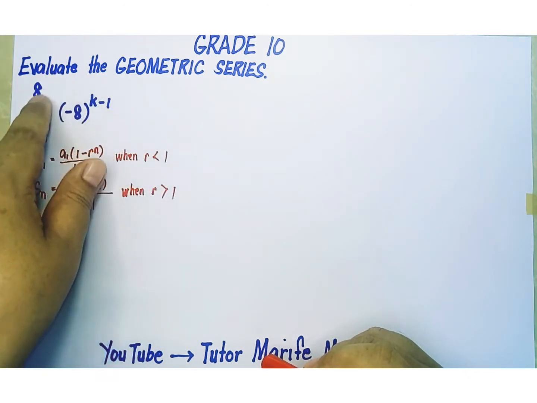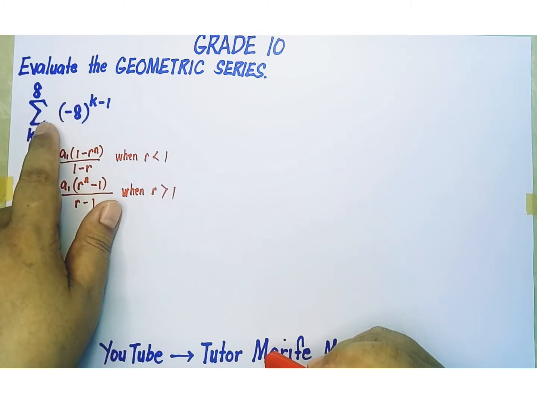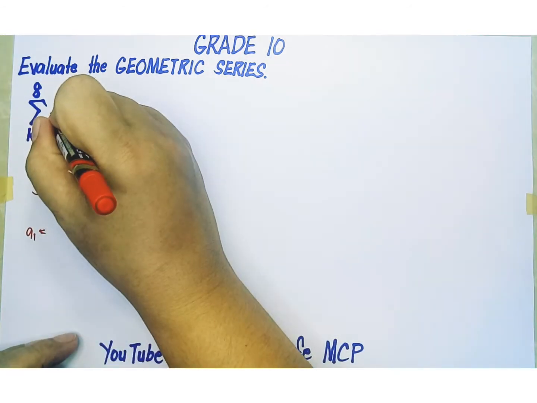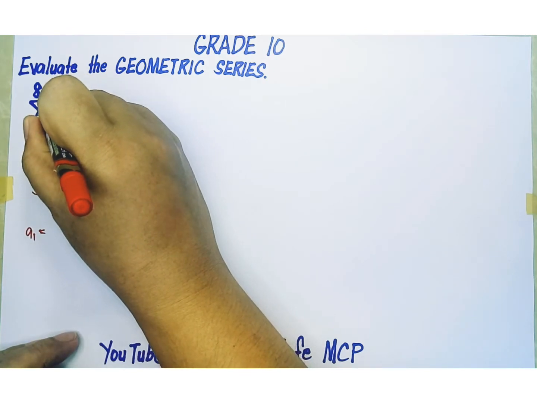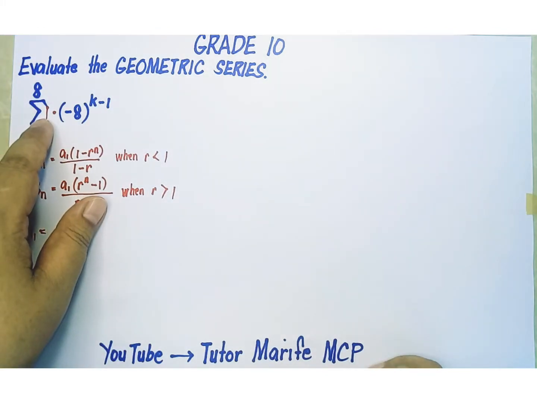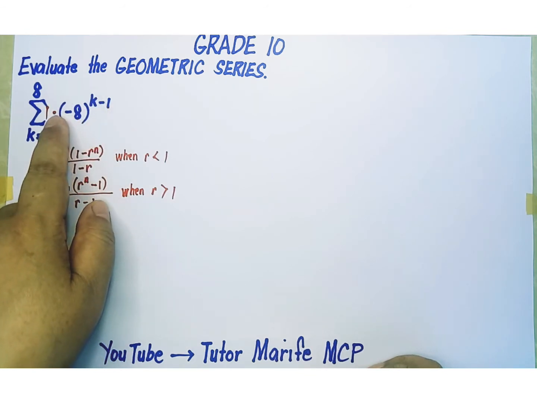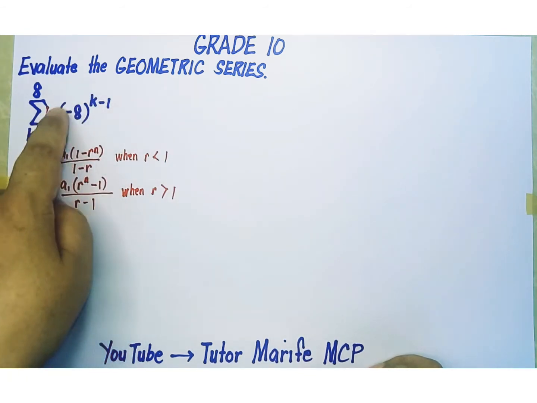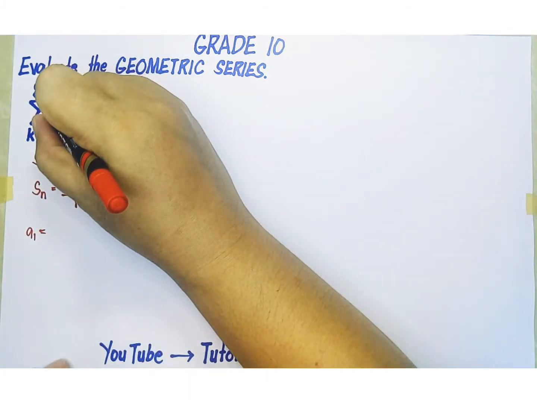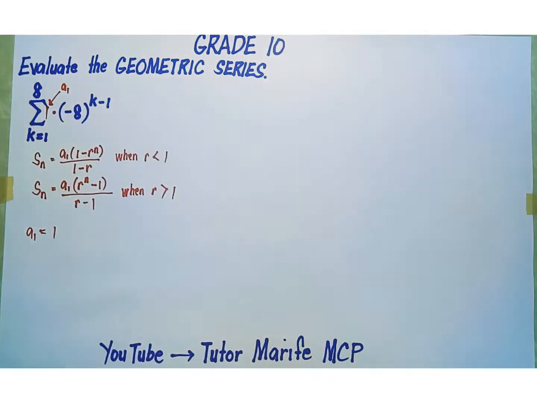Numerical coefficient is the constant at its left. Kaso wala kang nakikitang coefficient sa kaliwa niya, it's invisible and it's actually equal to 1. So, pwede tayong maglagay dyan ng nakamultiply na 1. Hindi mag-iiba yung expression mo dito dahil any number, any expression multiplied by 1 is still equal to the number or the expression. Okay? So, this is actually your a sub 1. So, the value is 1.